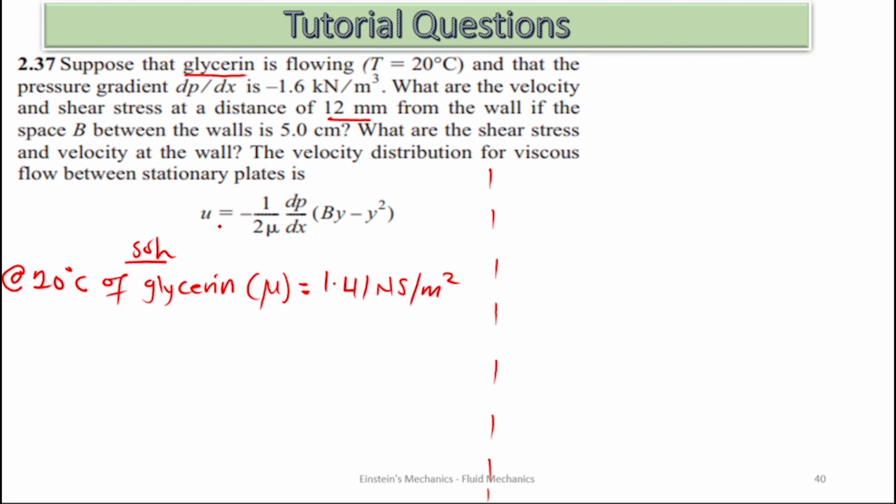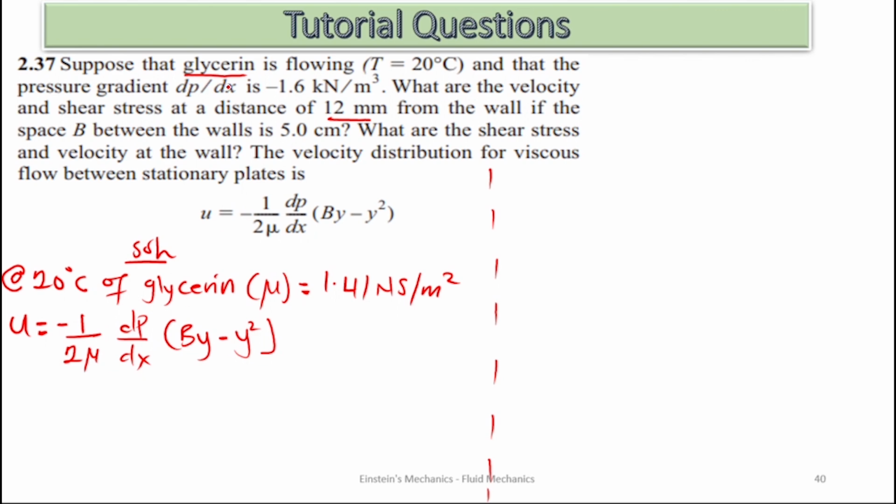Are we good? And this is the velocity distribution. Our u is given in an equation form. So I know that my u is given as negative 1 on 2 mu multiplying the dP on dx, multiplied by B y minus y squared, as my velocity. Pay attention.